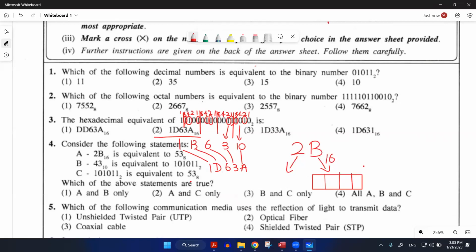How are you going to write it? The 4-bit groups have the place values 1, 2, 4, and 8. B means 11, so 11 can be created how? 8 plus 2 plus 1, and this place has a 0.